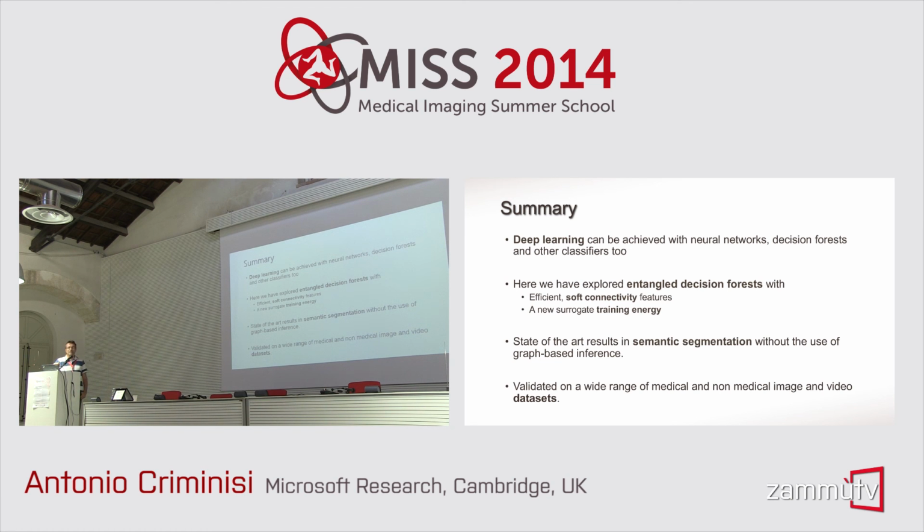I spent a lot of work validating this on many, many different databases of very different images. Sometimes we have RGB only, sometimes depth only, sometimes depth and RGB, sometimes video, sometimes CT, all sorts of things. And it seems to be a generic algorithm that works okay in most cases.